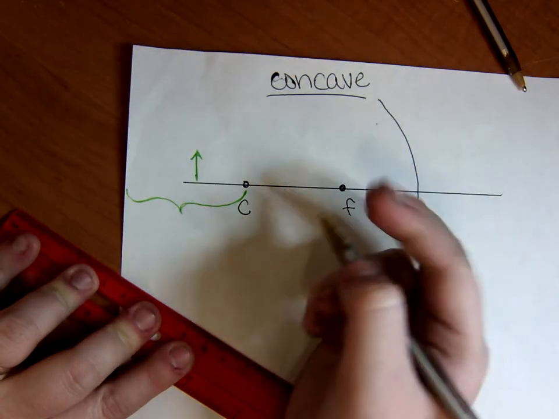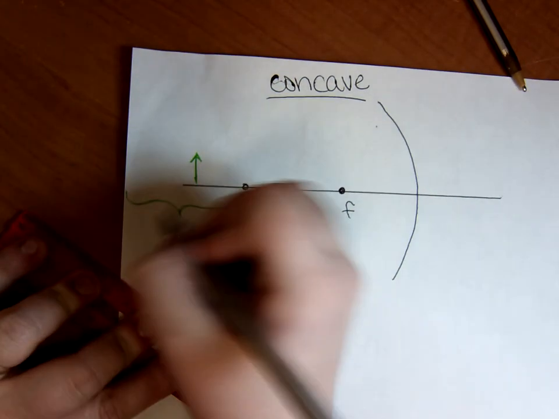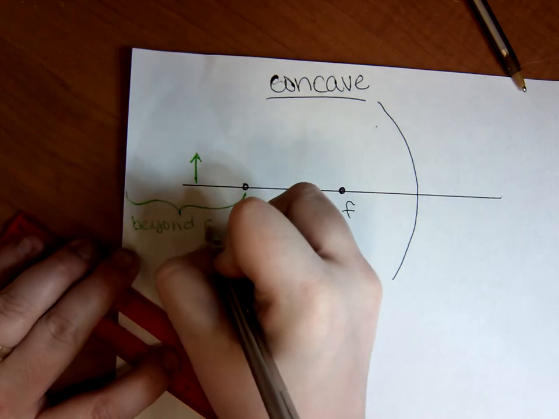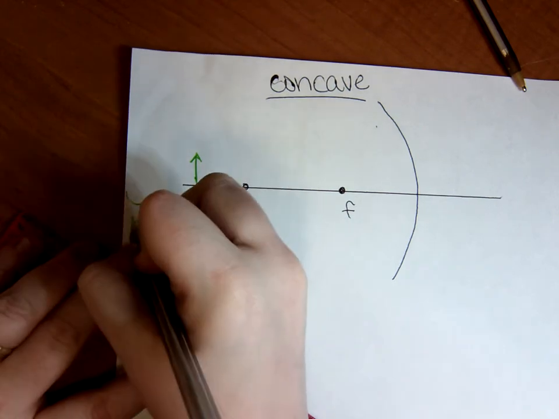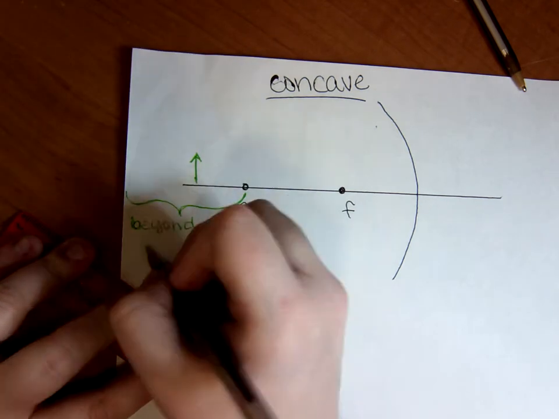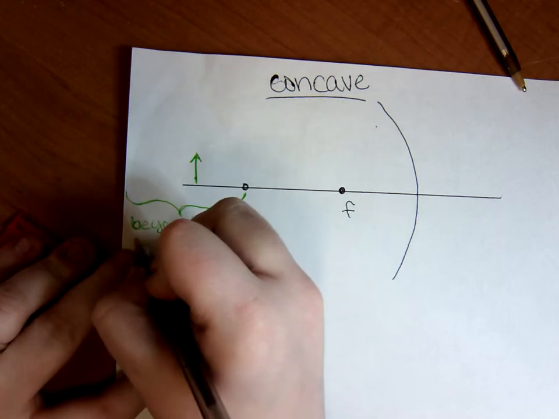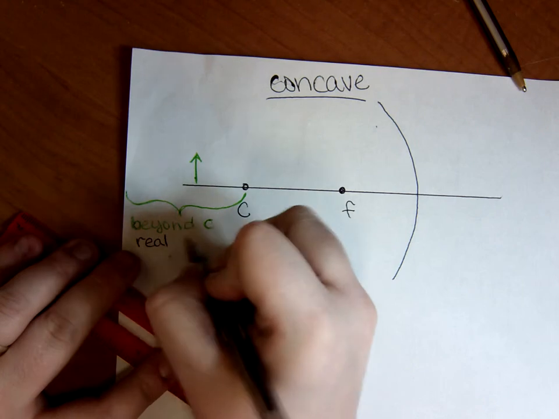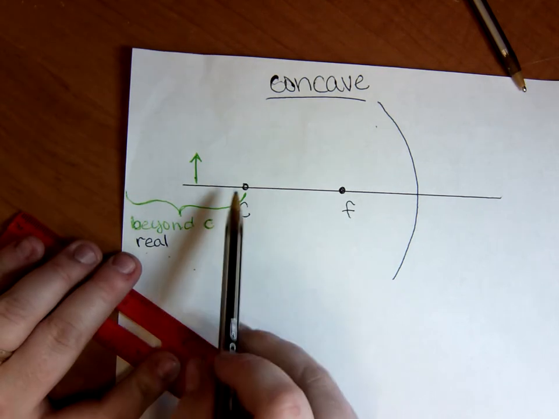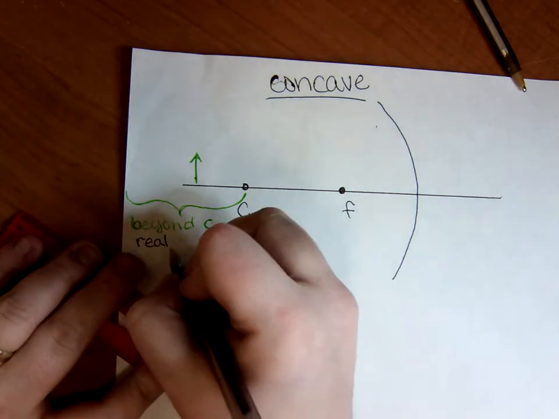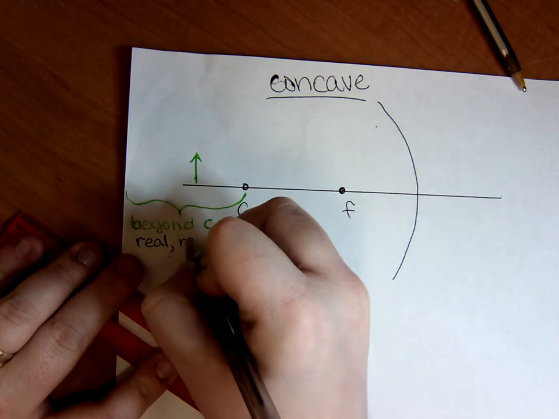In this case, we're beyond the center of curvature, and the image will be a real image. I'm not going to bother writing inverted because all real images are inverted and all virtual images are upright. So this image is going to be real and it's going to be reduced.